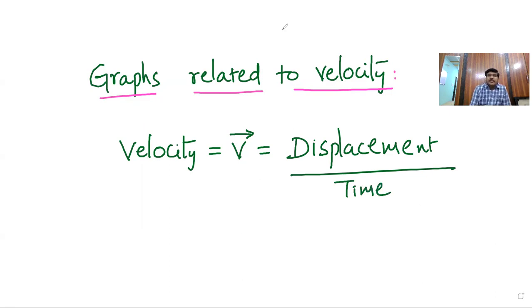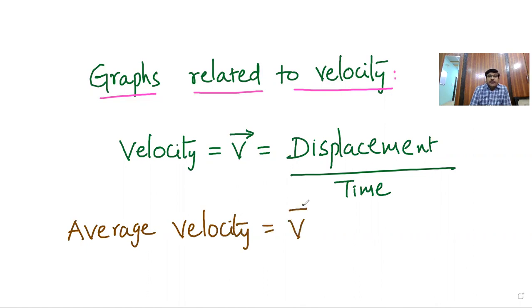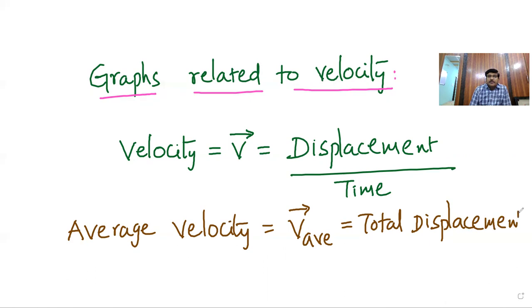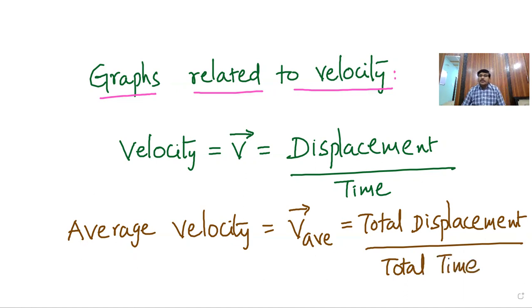Let us define the term average velocity. Average velocity, that is v bar average, is nothing but total displacement by total time, total displacement by total time.